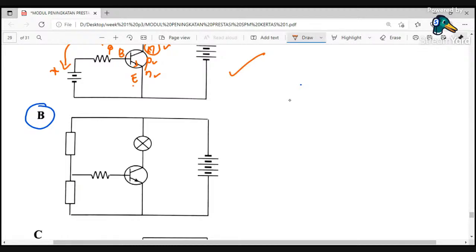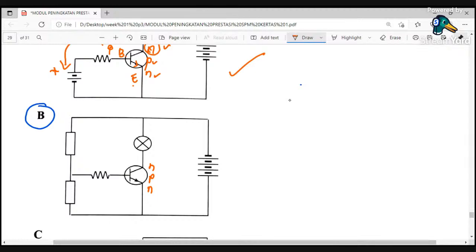So ini ialah NPN juga. Okay, BE junction mestilah forward bias. Okay, B ialah P type. So current flow dari mana? Transistor belum on lagi ya. Transistor belum on, you boleh cover dulu yang ni.